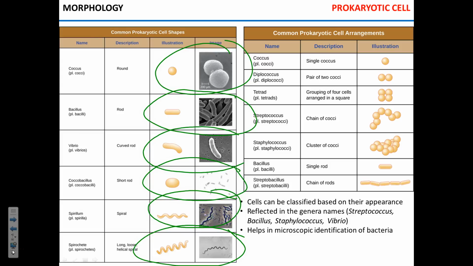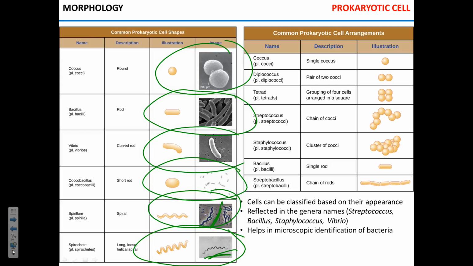Spirochetes are smaller, thinner, but usually the helix is more frequent. Does that make sense? They make more bends. Spirochete makes more bends than Spirillum. An example of a spirochete is Treponema pallidum, the causative agent of syphilis.